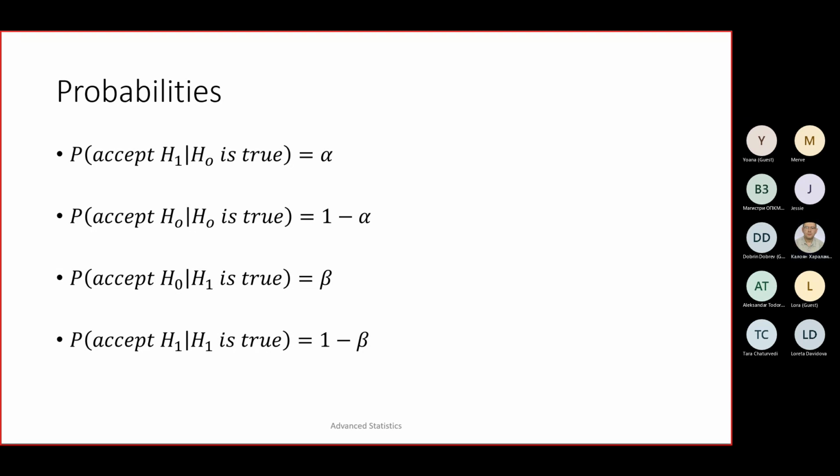But I already said, when we minimize alpha, then we increase beta. But this increase will be invisible, and we will not know how much. Maybe beta will increase a little bit. Maybe beta will increase by a large amount.